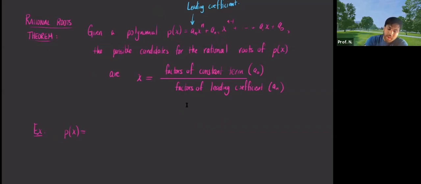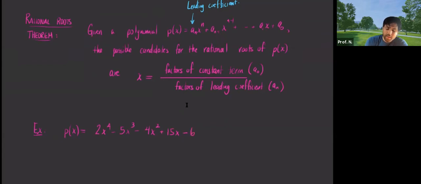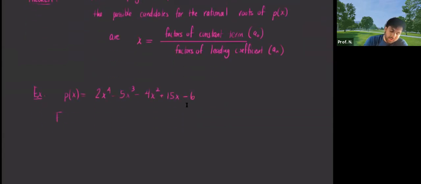Yeah. So if I have a polynomial of this form, 2x to the fourth minus 5x cubed minus 4x squared plus 15x minus 6, right? And I want to find the zeros.